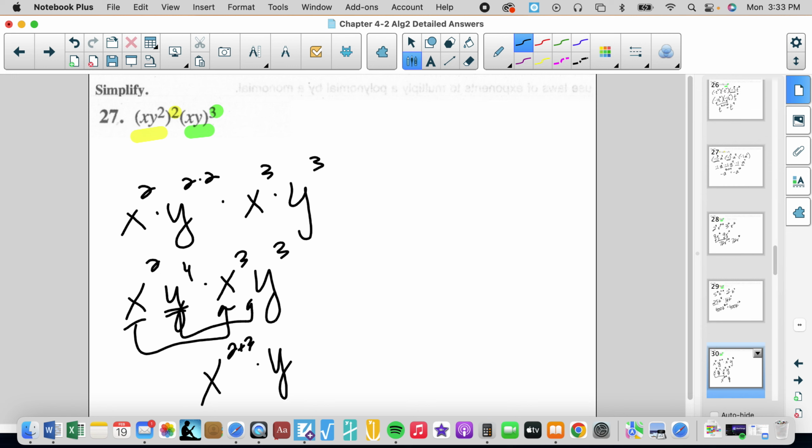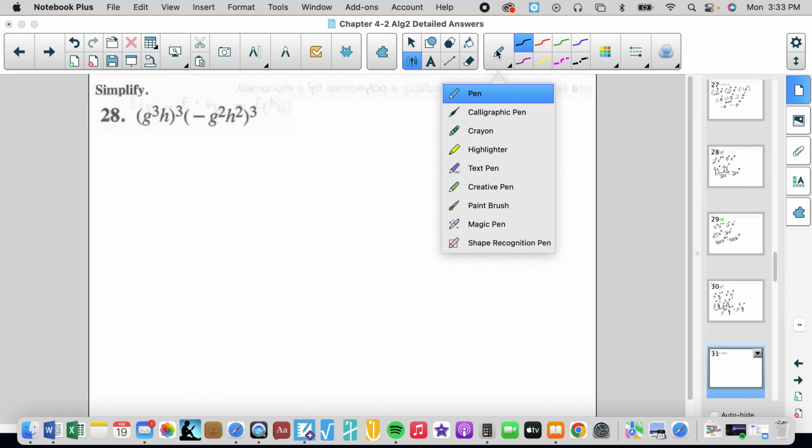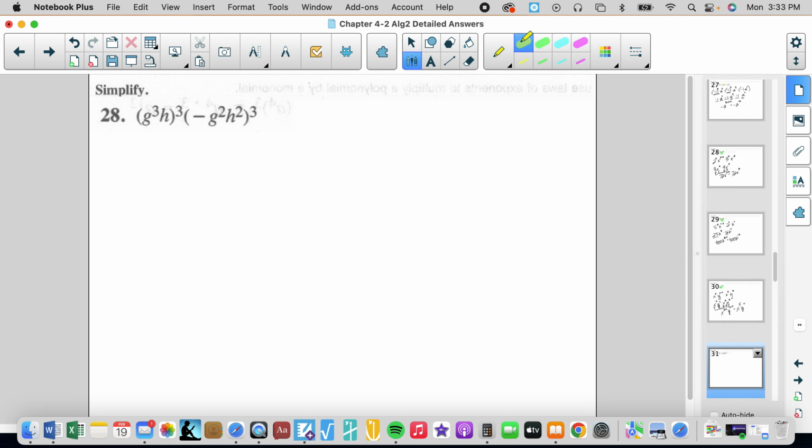X to the 5th, y to the 7th. All right, this is good. Keeping track, knowing how to distribute efficiently, yet accurately.